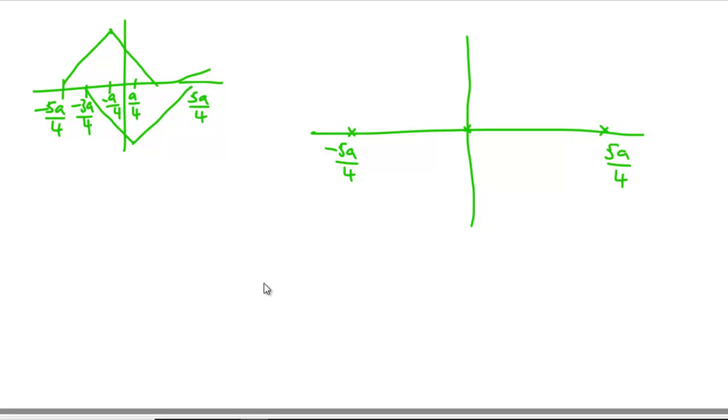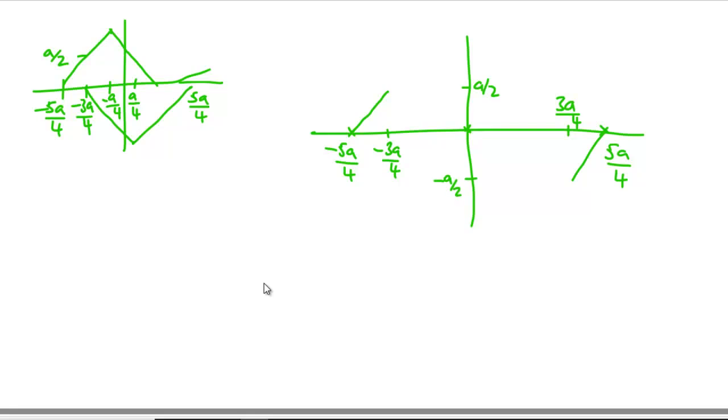So that is meaning we're halfway up there. That's going to be at a over 2. So we've got a bit going to there at minus 3a over 4, where we're at a over 2. We've always got exactly the same thing, but opposite on the other side. So that is going to be going to 3a over 4 and at minus a over 2.